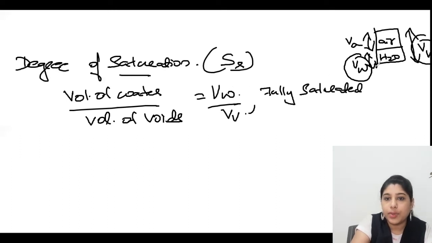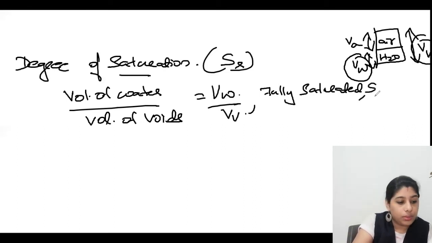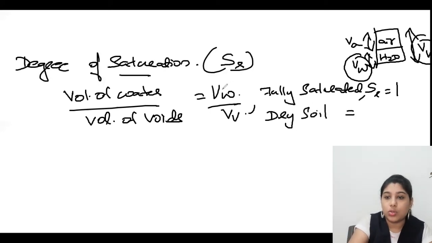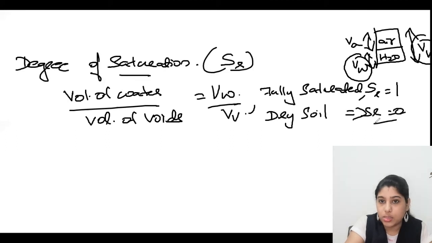So we can call it VW by VW. So for fully saturated, degree of saturation will be 1. For dry soil, no water is there, so VW value will be 0, so SR also will be 0. So these are the important questions. It can be asked in MPSC examinations also.